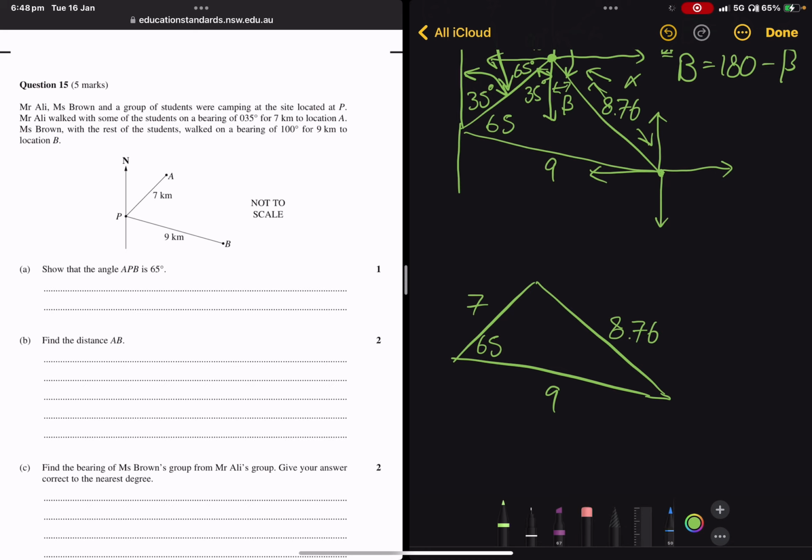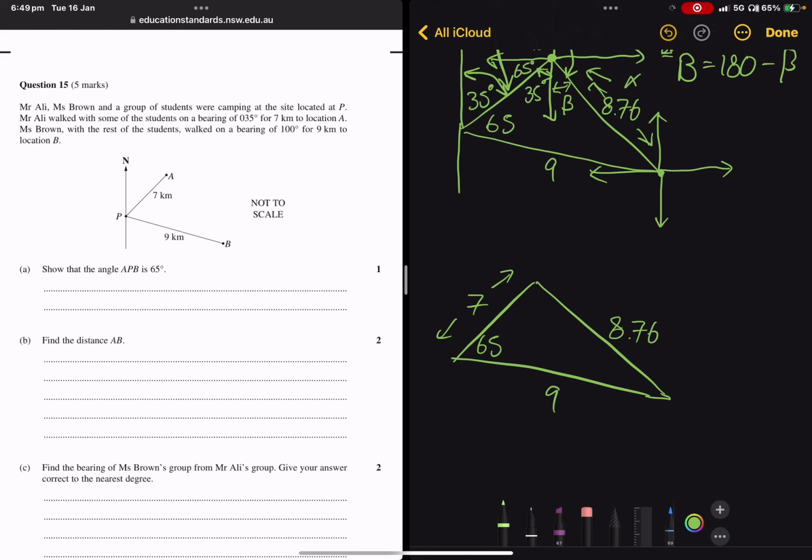Depending on how this is rounded, we'll change the answer by a very small amount. 8.76 is going to give us the correct answer when rounded to the nearest degree. If this is off by a very small amount, it's unlikely to change the degree once you round to the nearest degree.